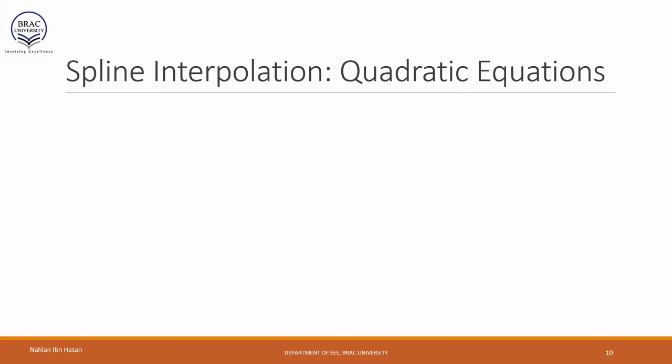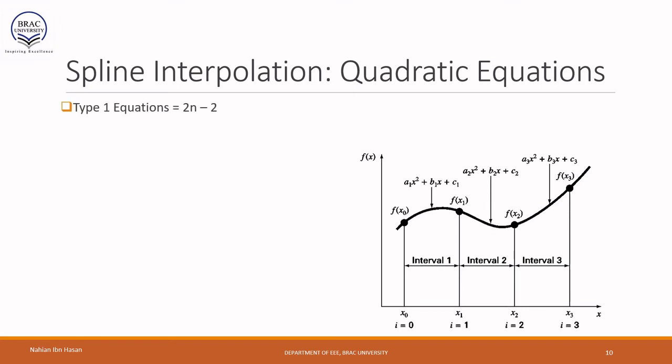Up until now, under the type 1 category I have found 2n minus 2 equations, under the second category two equations, and under the third category n minus 1 equations. So in total I have found 3n minus 1 equations.